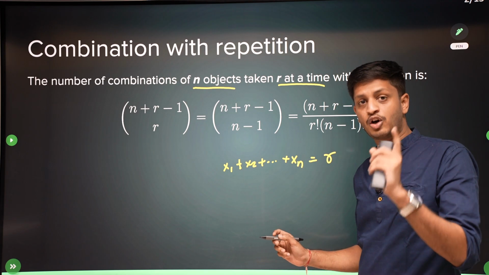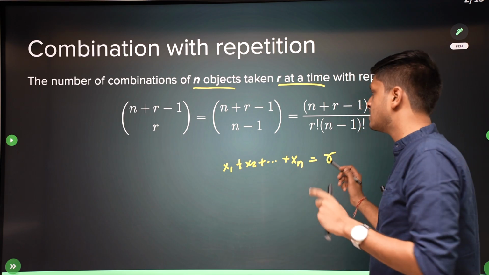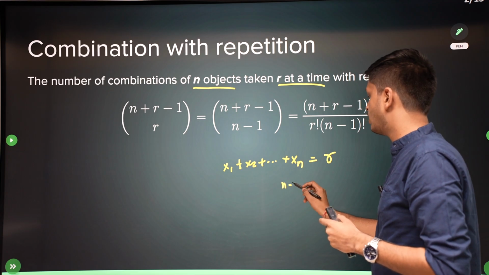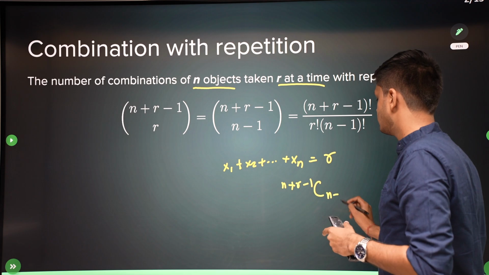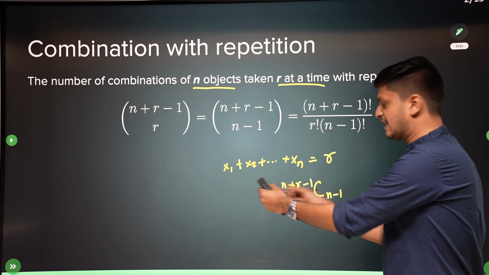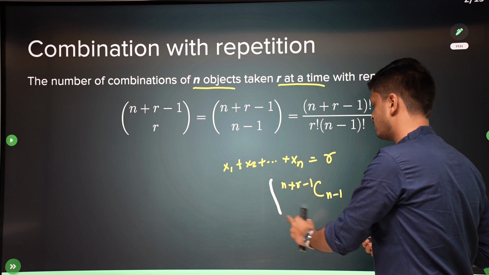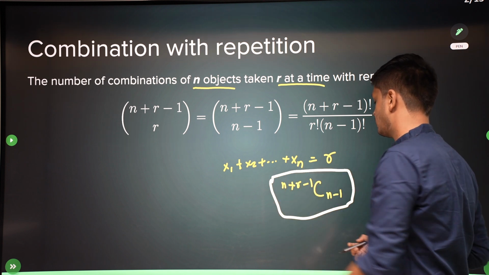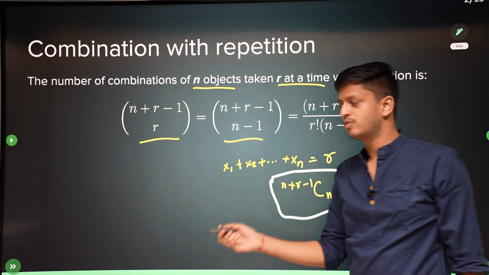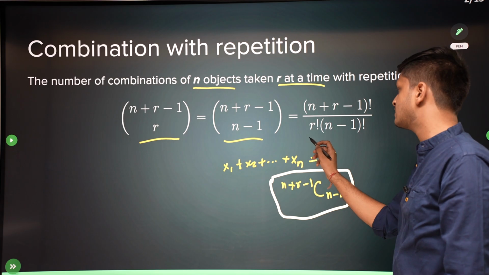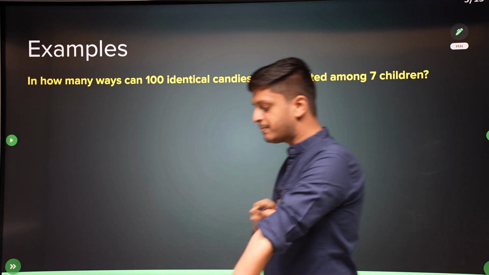So the number of non-negative integral solutions to this equation is: you draw n plus r minus 1 boxes, and you insert n minus 1 sticks, so you will get n separations, and the total number of boxes left will be r. So this is the number of solutions to this equation, okay? And this is also equal to n plus r minus 1 choose r. We know that k selection is equal to k rejections, and this formula comes out to be this. We have seen this. So now let's solve some examples.